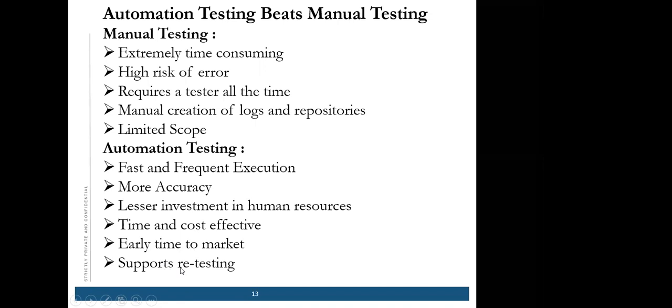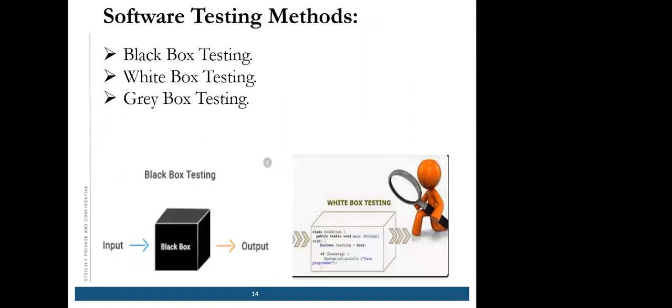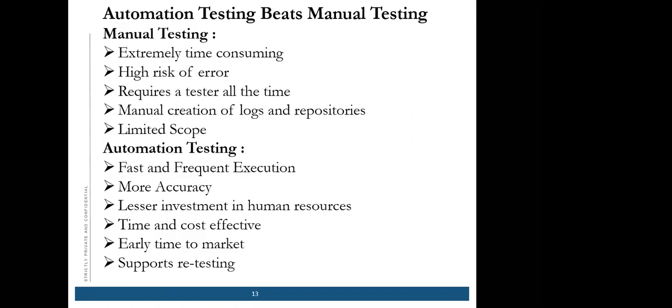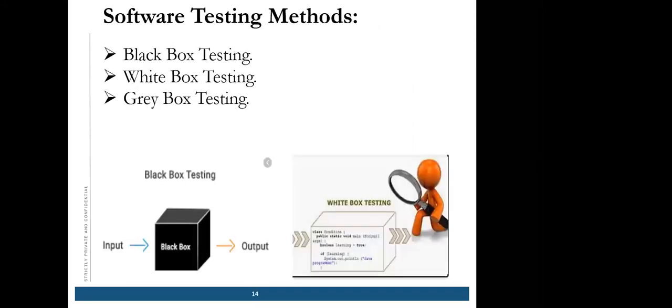Okay, and it supports retesting, like it can do regression testing, retesting. So once your test cases have been scripted, you can execute those test cases any number of times. So that way it supports retesting. Okay, so this is all about the benefits of automation testing.